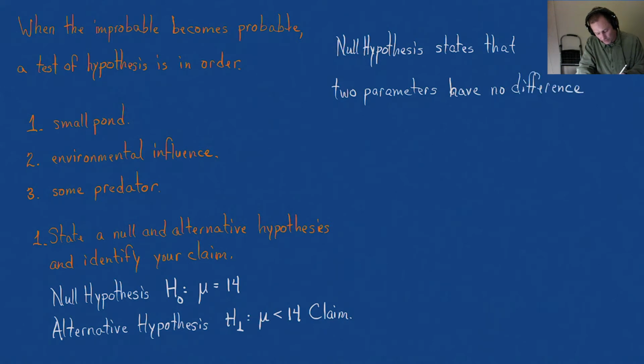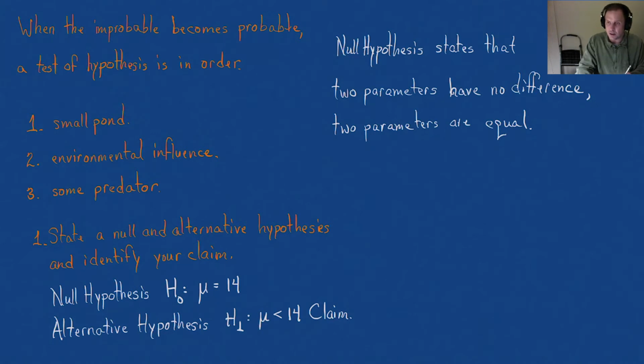Or you could say two parameters are the same. Or, I'm sorry, parameters are equal. Well, what would that mean? That would mean that we would expect the mean in our body of water when we look at our crocodiles to be the same as the mean for crocodiles all over the Nile River.